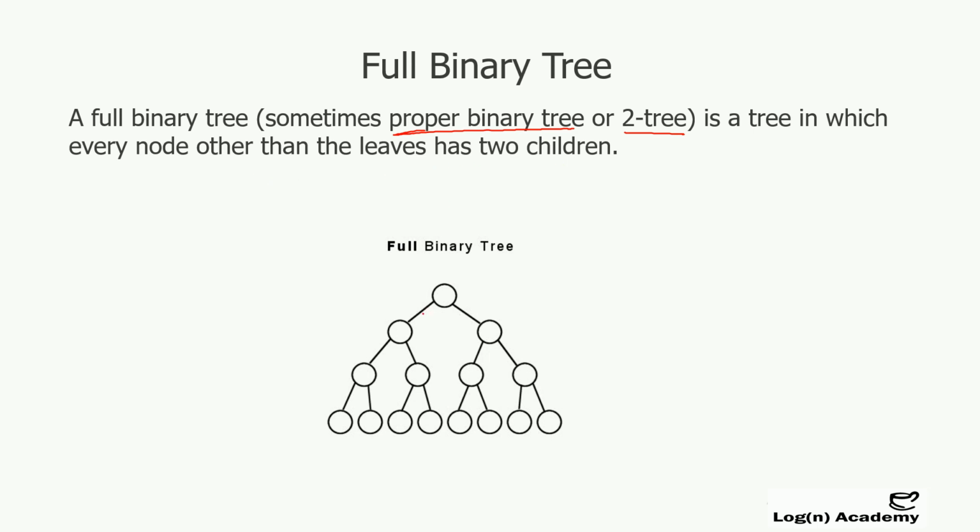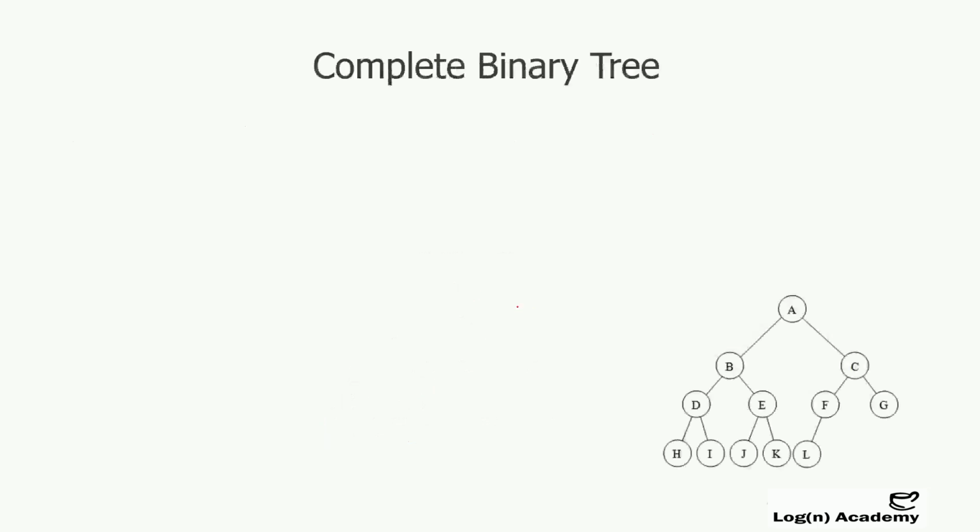As you can see here, these are all leaf nodes. Other than those, every node has two children. The root has two children, and the nodes below it have two children respectively. So this is the definition of a full binary tree.